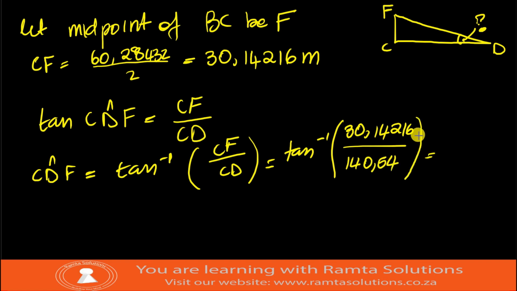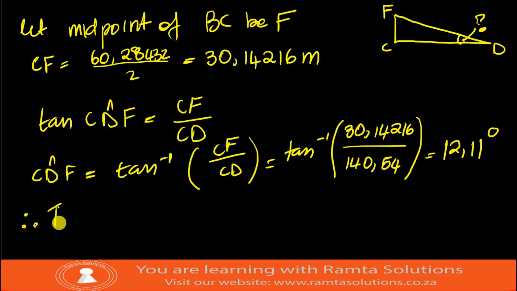So we have tan inverse of 30,14216 over 140,54. To those that are confused, this is 54. So what is our angle? It is 12,11 degrees. So we found the angle of elevation.